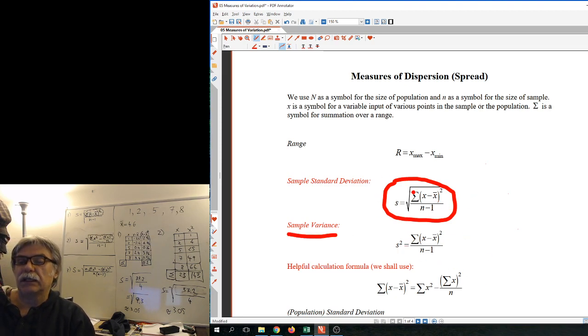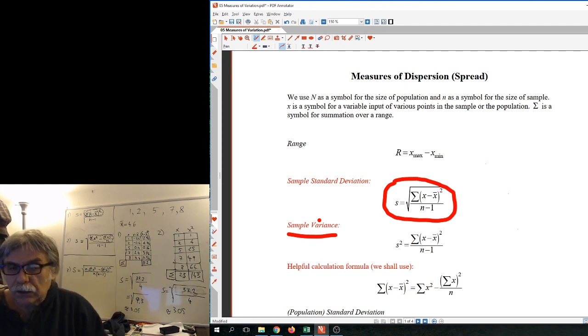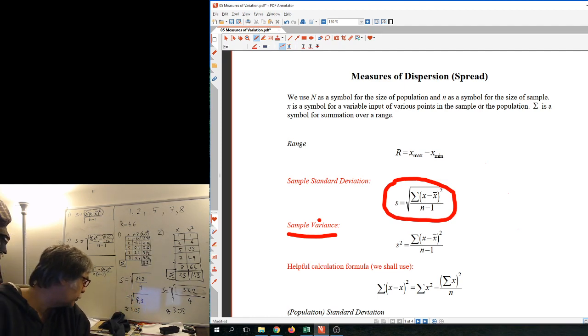This is basically the square of the standard deviation, because the whole calculation is exactly the same. The only difference is that you don't have a radical. So if you take the square root of the variance, 9.3, then you get 3.05, which is the sample standard deviation. That's the story.